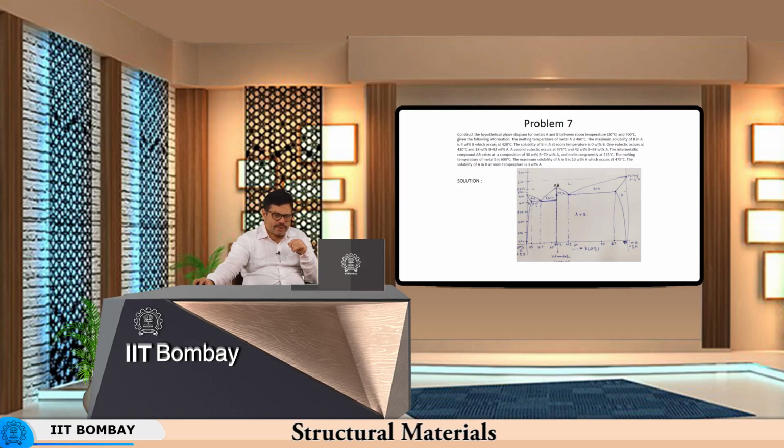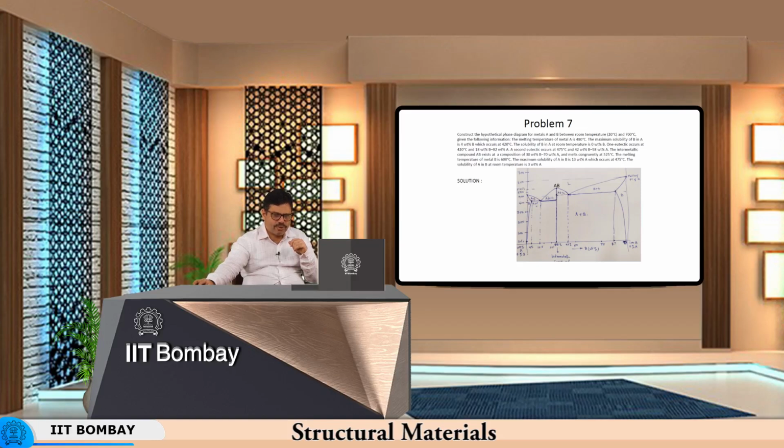Then there is a compound formation at 30%. So, at 30% you draw a vertical line up to 525 degrees centigrade where it melts, right. The melting temperature is 525. So, from this point you draw this curve.